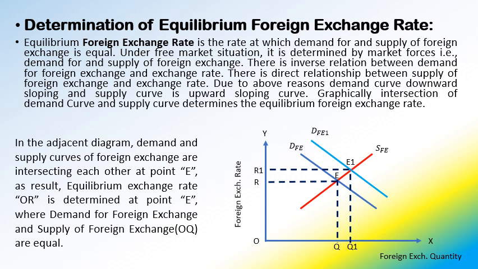If supply decreases, you shift the supply curve leftward, and accordingly you determine the new equilibrium point, and from there you show the effect on equilibrium exchange rate and equilibrium exchange quantity, whether it is increasing or decreasing. That's how the foreign exchange rate is determined under the flexible or floating exchange rate system.